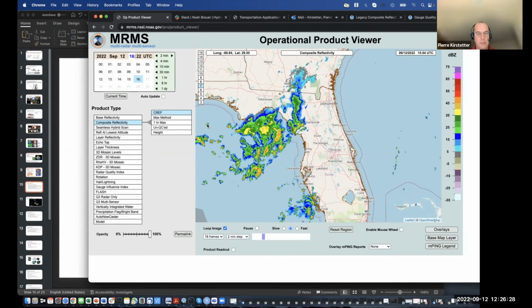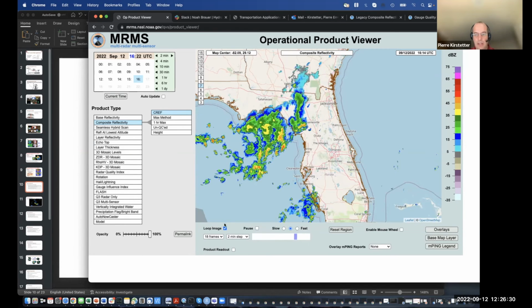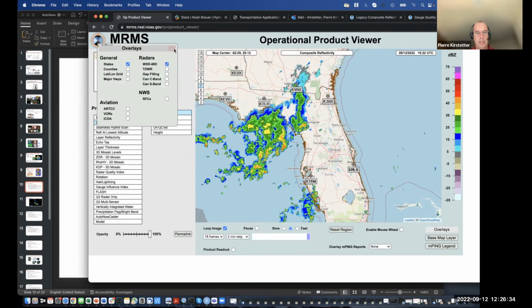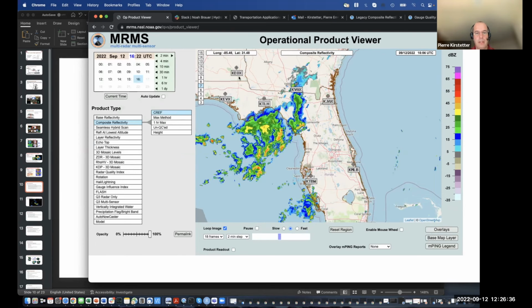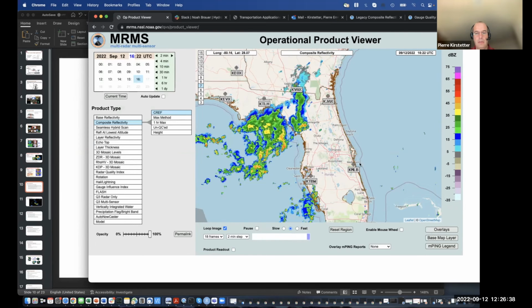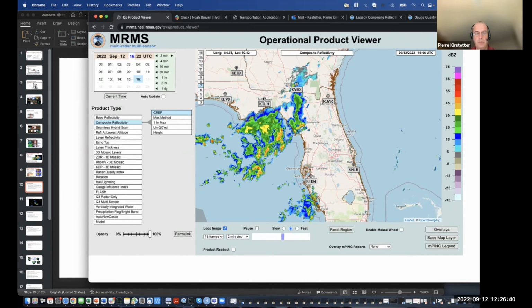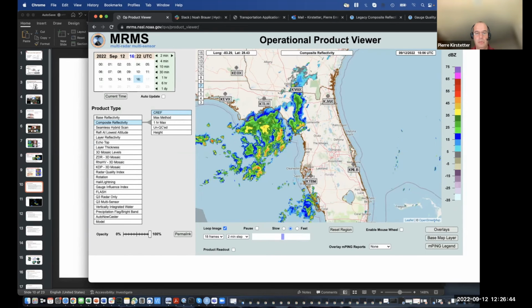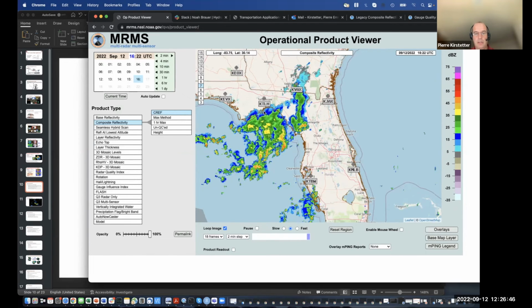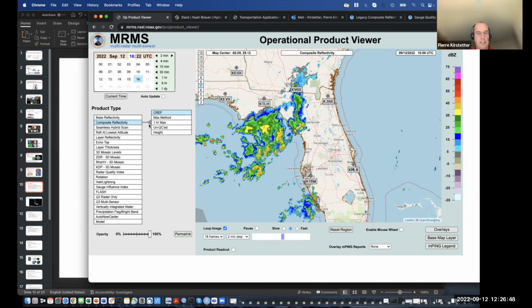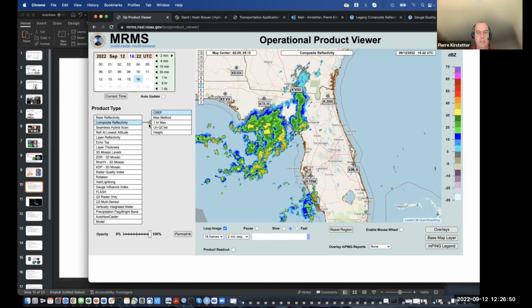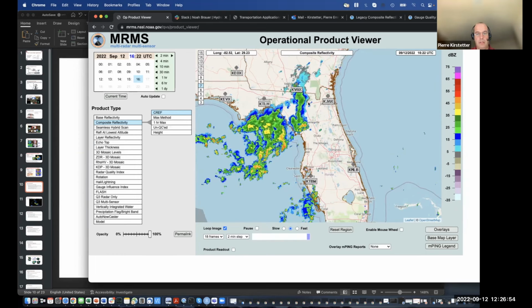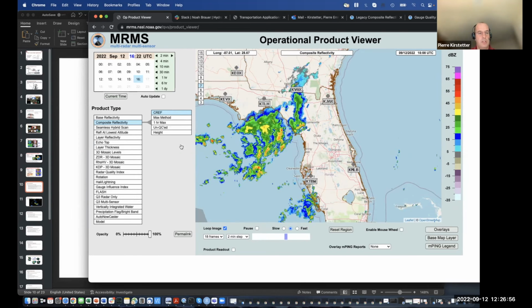So if we wanted to see the radars nearby, I can do that with overlays, WSR radars. So you can see them now. Yeah, the observations taken by those various radars are used to generate this composite reflectivity. If we were to use only one radar, we couldn't cover such a large area.